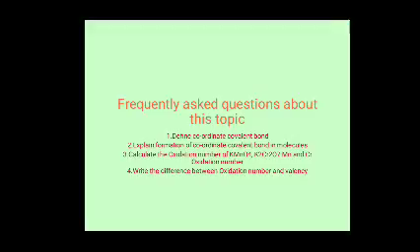Potassium is present in first group, 2 into 1 that is 2, plus 2Cr, 7 into minus 2 is equal to 0. 2 plus 2Cr minus 14 is equal to 0. 2Cr minus 12 is equal to 0. 2Cr is equal to 12. Cr is equal to 12 by 2, that is equal to 6. Write the difference between oxidation number and valency.